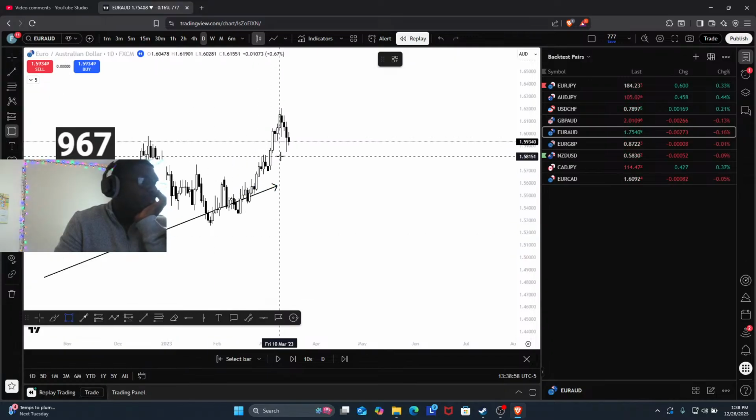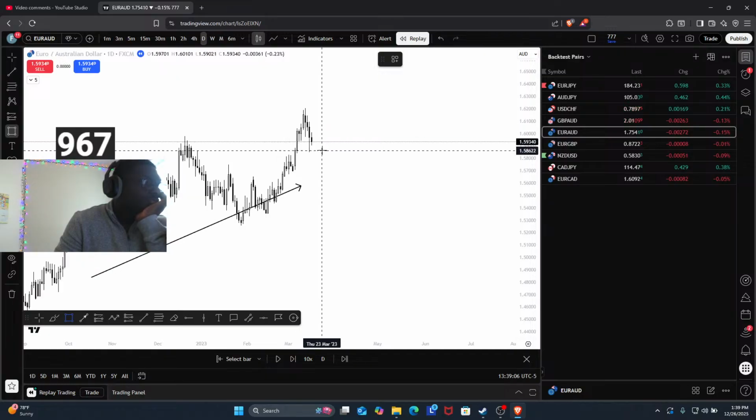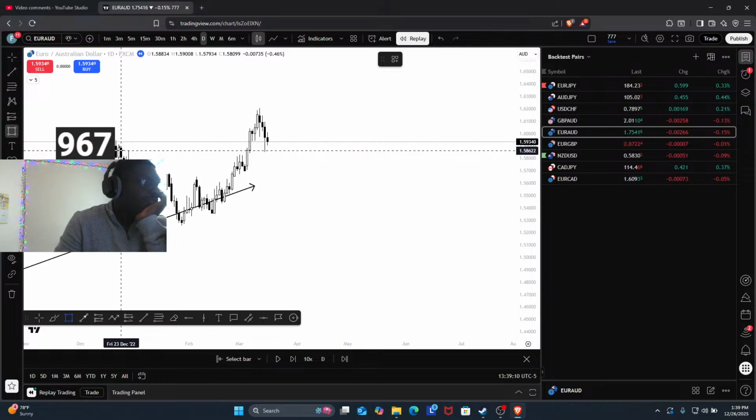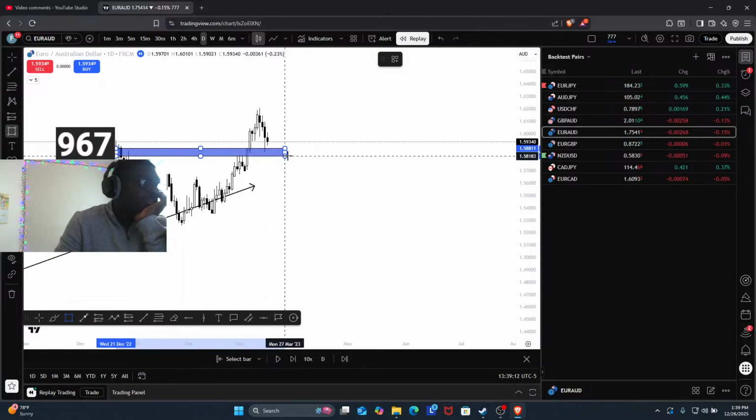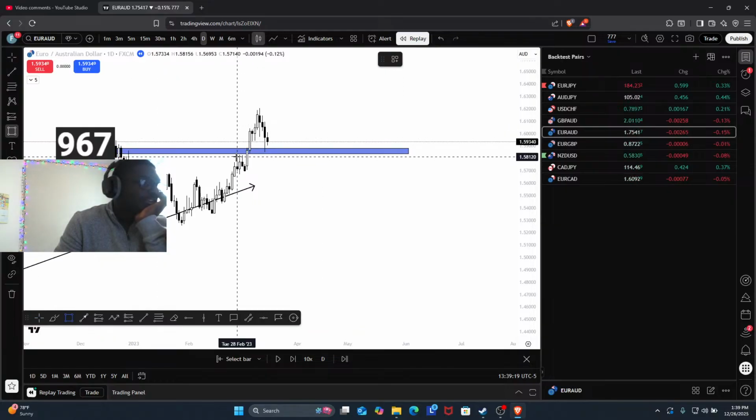So I don't know if y'all thinking what I'm thinking, but we got a nice area here that price could have, 2 areas. We got a nice area here. And we have a nice area here.